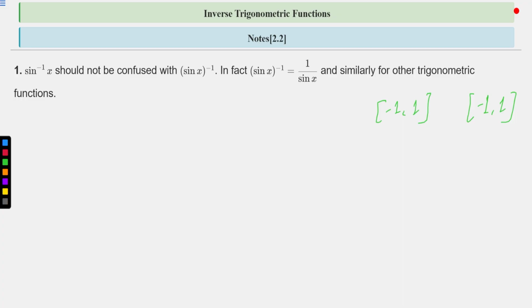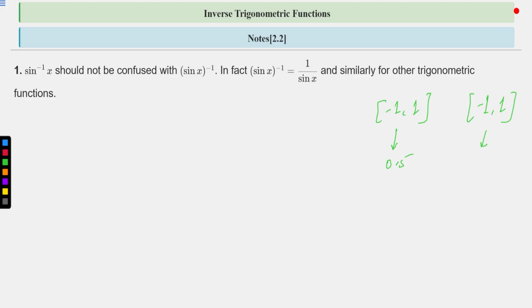At a particular value, the values of cos inverse x and sine inverse x will be different. Suppose at a particular value sine inverse has value 0.5, so cos inverse will have some other value, but that value will always lie between -1 and 1, right? It will not exceed 1 and it will not be less than -1.